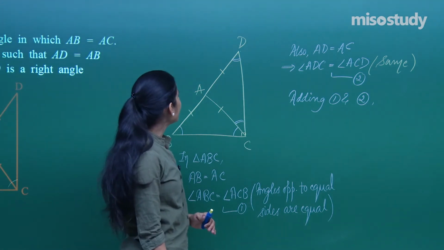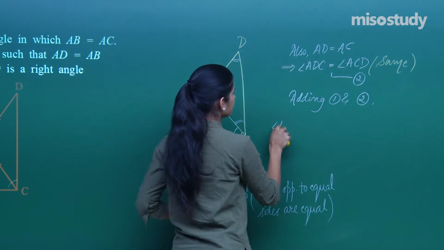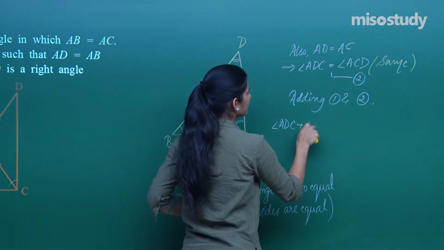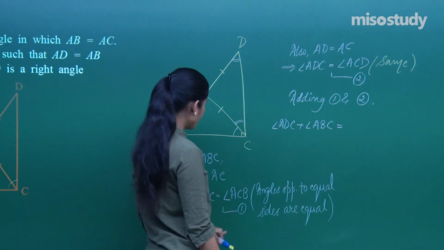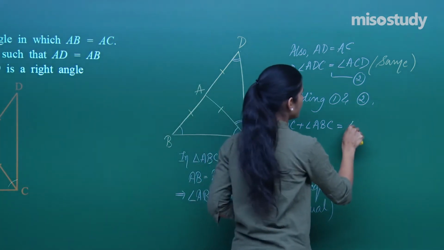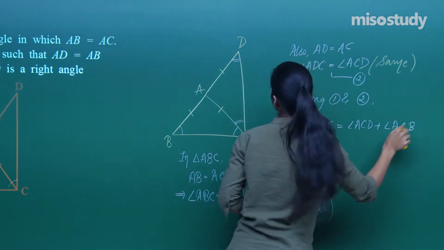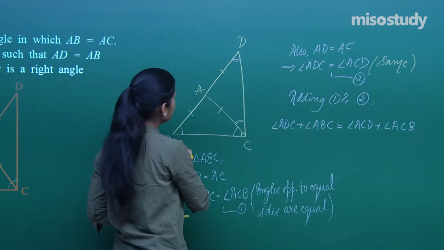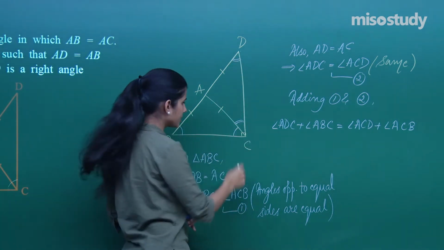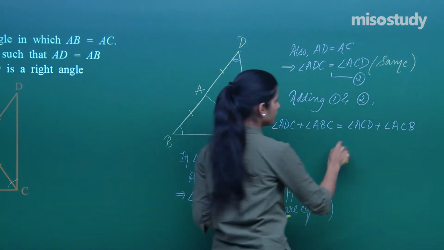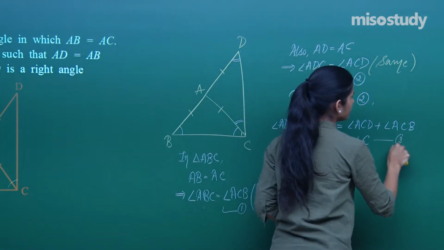You get angle ADC plus angle ABC is equal to angle ACD plus angle ACB. So, you have ACB plus ACD. This plus this is what? Complete angle C. So, this is equal to angle C. Let's take it as 3.